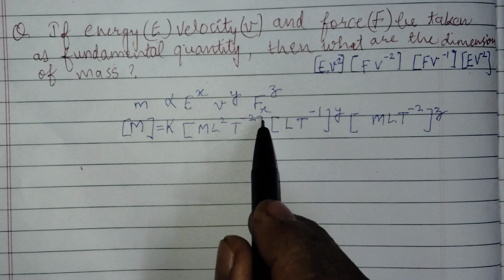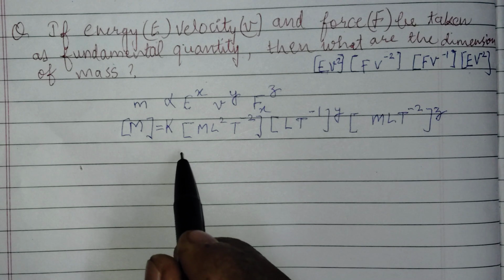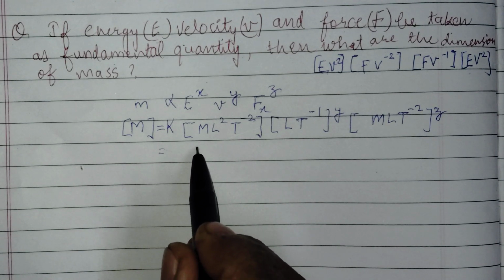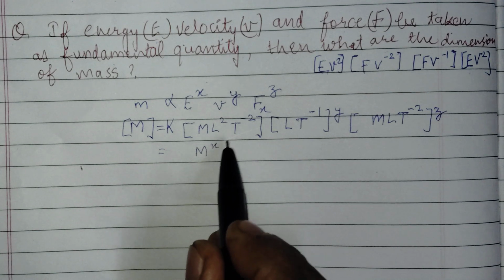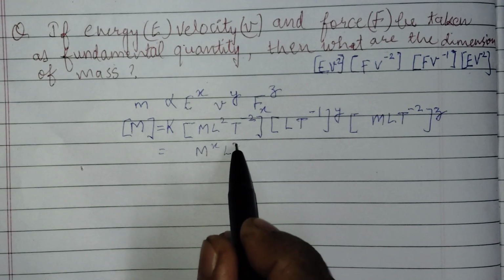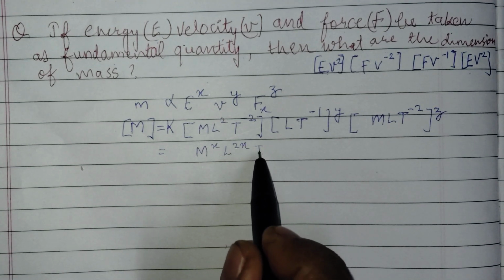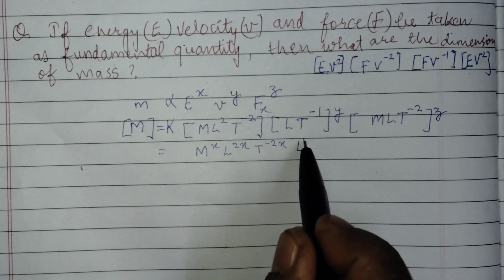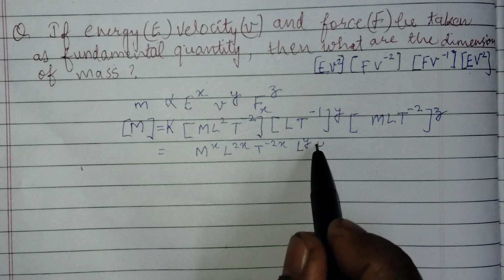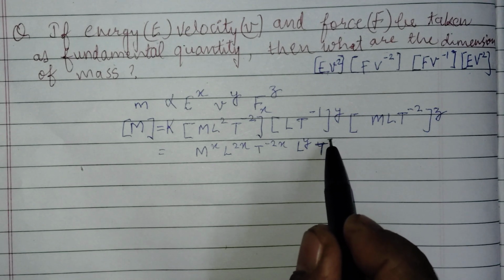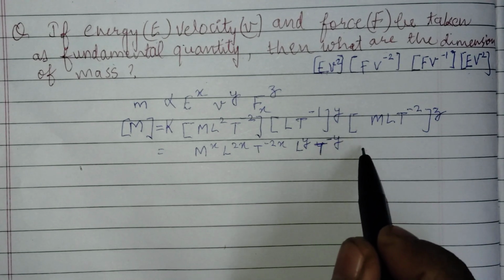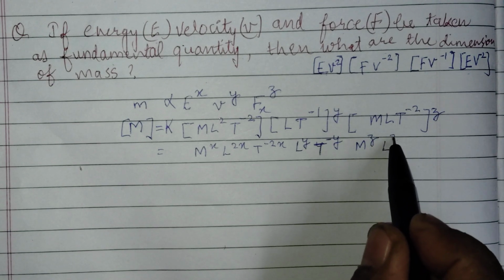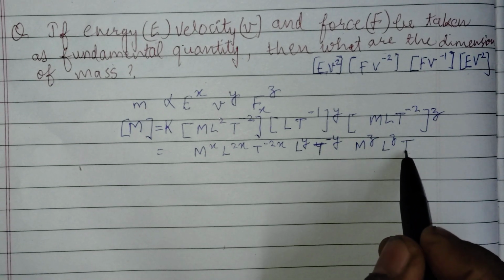Now the outer power multiplies inside the brackets, so every term multiplies with the power: M power x, L power 2x, T power minus 2x, L power y, T power minus y, then M power z, L power z, T power minus 2z.